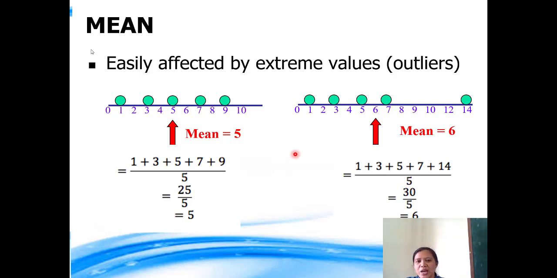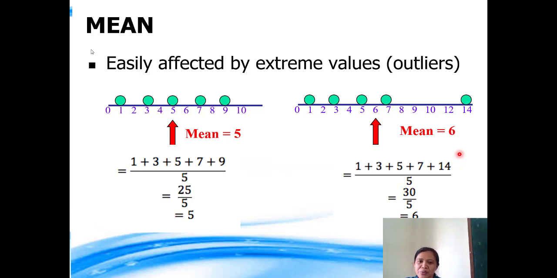And for the second diagram, still we have 5 elements in our data set, and those are 1, 3, 5, 7, and 14. After computing the mean, the mean value is equal to 6.